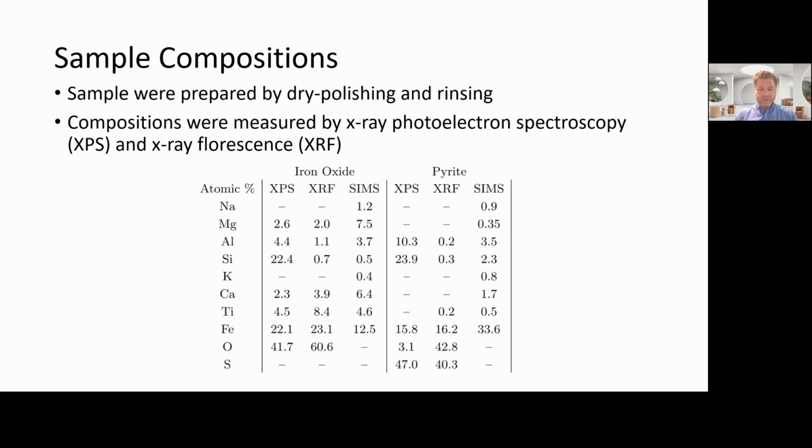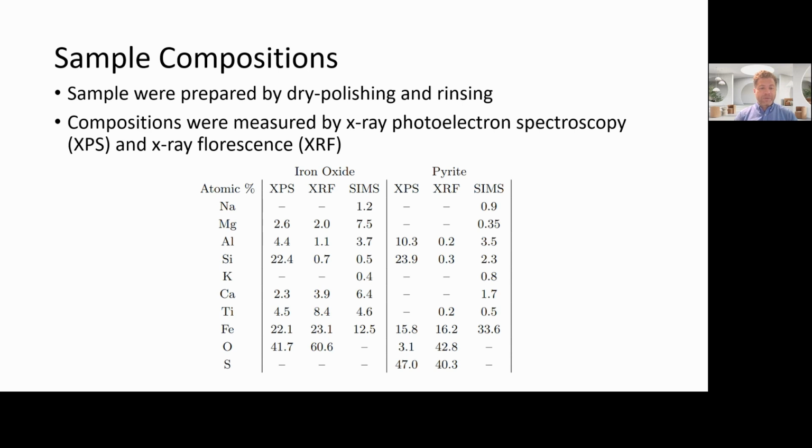The pyrite we see was predominantly FeS2, although the surface compositions of both of these samples differed a little bit from the expected bulk compositions. That silica came from the dry polishing preparation that we used in these samples. So before analysis, the samples were dry polished and then rinsed using isopropyl followed by water.